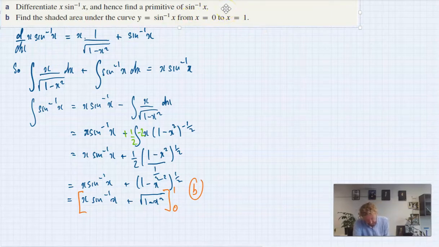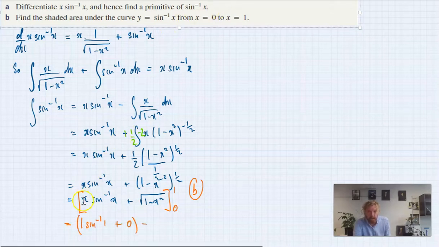Equals, chuck in 1, and I get 1 sine inverse of 1 plus, chuck 1 in here, and you get 0. Subtract 0, because I put the 0 in here, plus square root of 1. Now, which angle gives me a sine of 1?